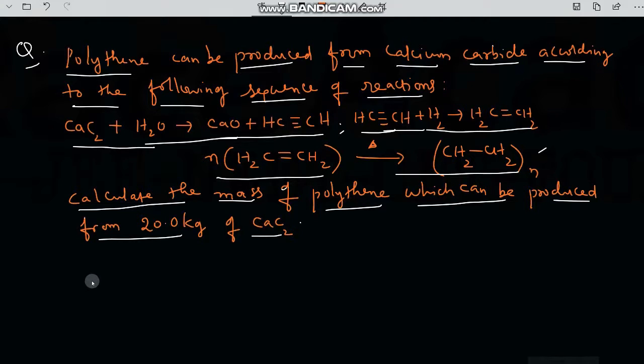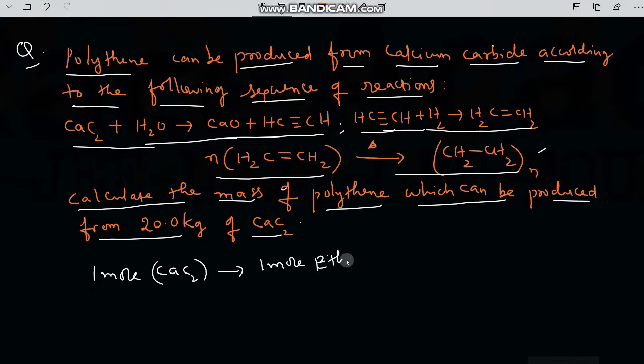See, from the question we can understand that 1 mole of calcium carbide is there in the equation. That will definitely give 1 mole of ethylene, polythene.